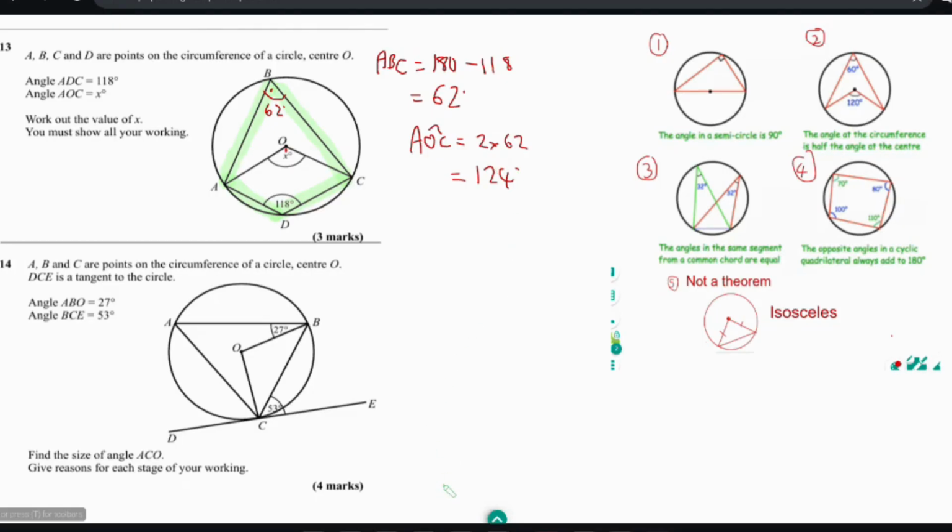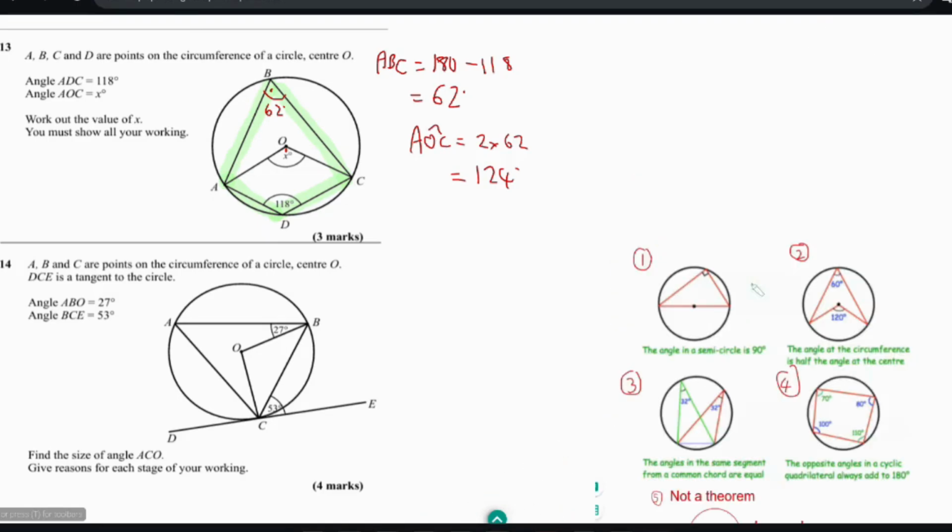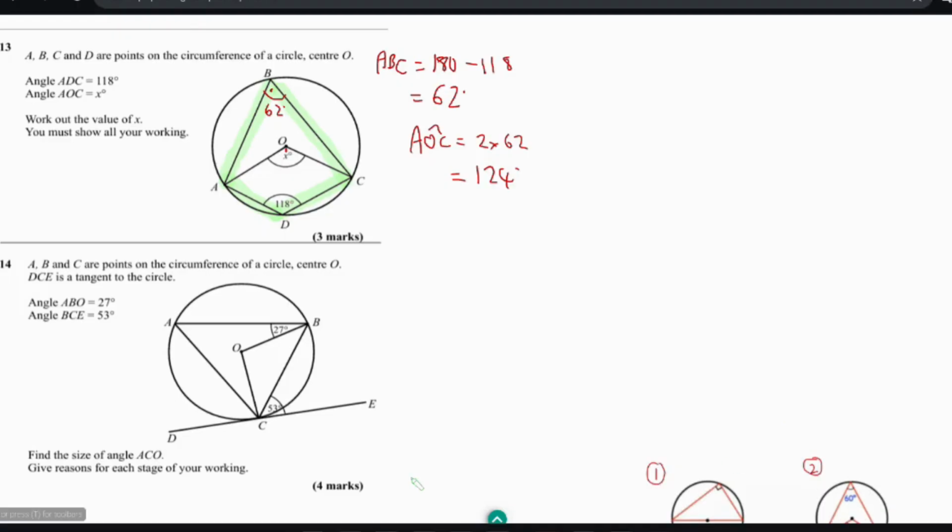Right, we do have tangent theorems here, which I'm going to look at first. So we've got a radius and a tangent. So the angle between a radius and a tangent is 90 degrees. So we need a reason: OCE equals 90 degrees.